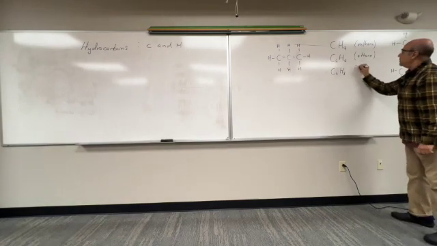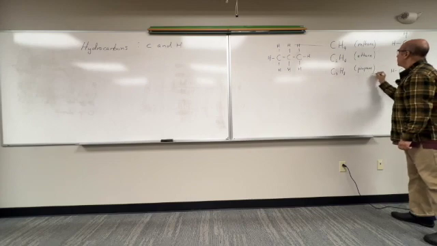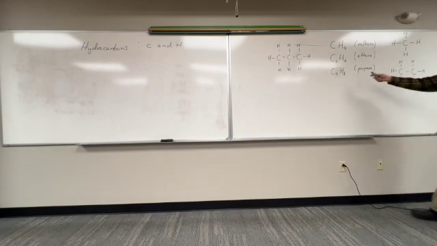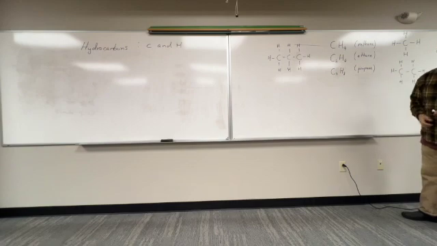And it has a name. This you may have heard, propane. Some of you actually have propane stoves at home. I have a propane stove at home. So this is what I'm burning at home when I cook. When I turn on the gas, this is what comes out.